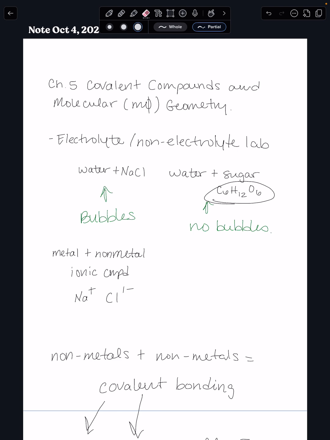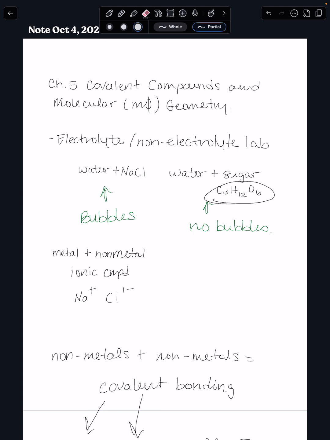You learned that the reason that the water and sodium chloride produce bubbles is because sodium chloride is an ionic compound. So what ends up happening is you have electrons available in solution to carry or complete the circuit in the water and cause the electrolysis of water.